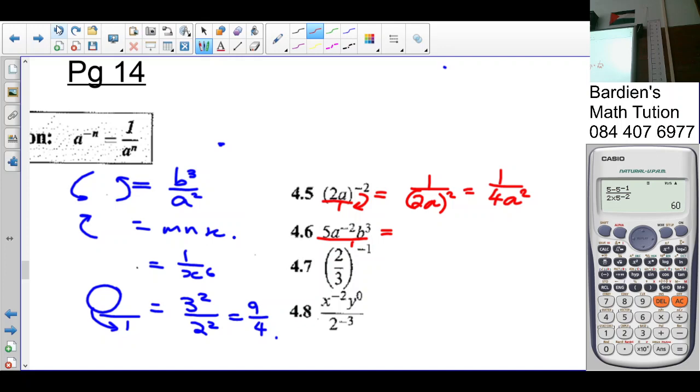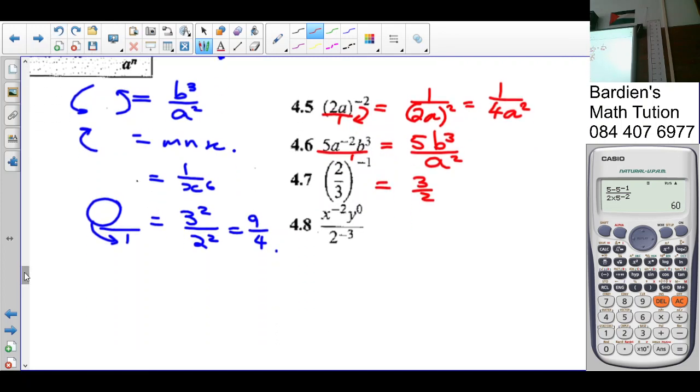So only a has a negative exponent. So only a is going to go down. You guys understand? So it's going to be 5 b cubed over a squared. We spoke about the fraction raised to a negative exponent. So what's going to happen? Swap the fraction around. It will be 3 over 2.